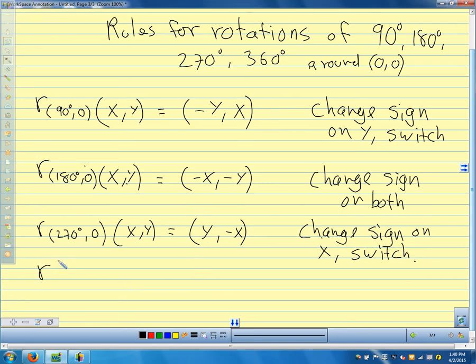And then I think we can all figure this one out. Rotation of 360 degrees about the origin of a point x, y. What's that going to do to our point? Nothing. Get back to the same place. Can we do that?